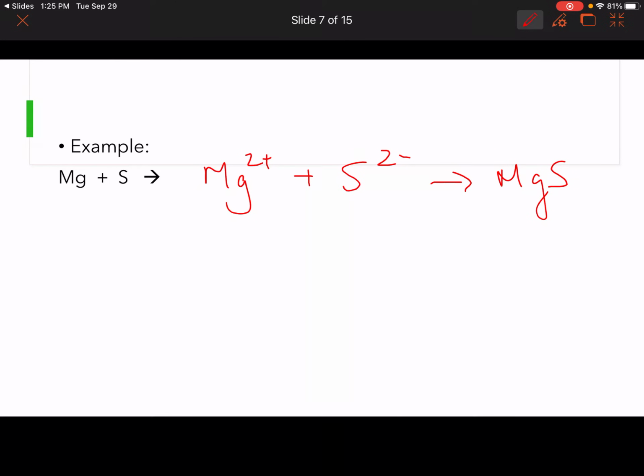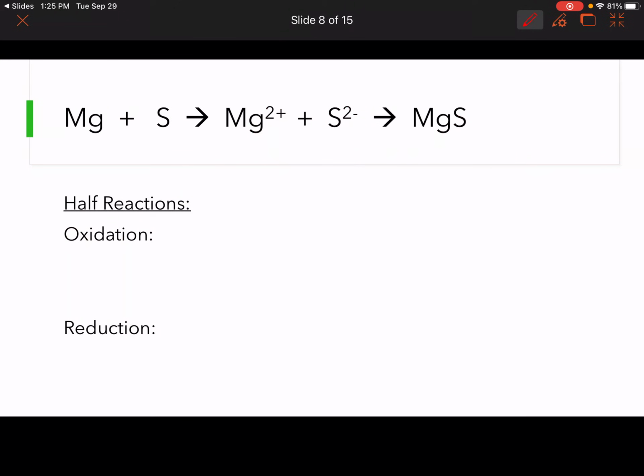So what's happening here? So we started out with a certain number of electrons, and then through the midsection here, we know that magnesium lost 2 electrons because it's got a charge of 2+, right? So it's losing electrons. Sulfur has a charge of 2-, so it was able to gain 2 electrons there. So what we can do is we can write what's known as half reactions here.